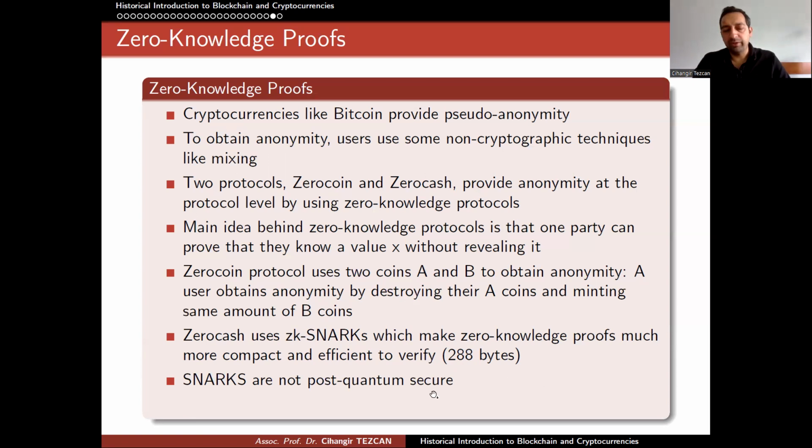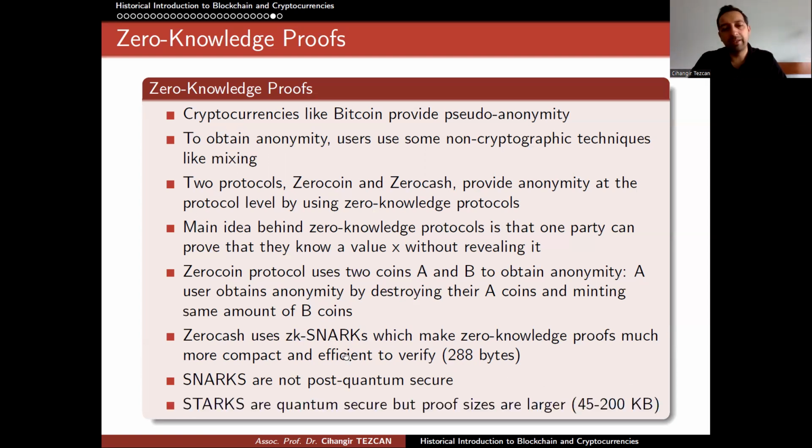SNARKs are not post-quantum secure because here you are actually using an RSA accumulator, whose security depends on the integer factorization problem. As I mentioned, a huge quantum computer can break it. So there are alternatives like STARKs. They are quantum secure because instead of these RSA accumulators, they only use hash functions, but proof sizes are currently larger. So there is a lot of research going on in these areas.